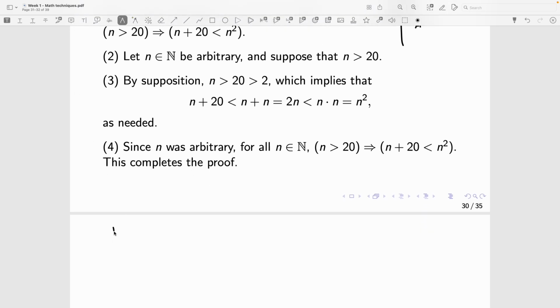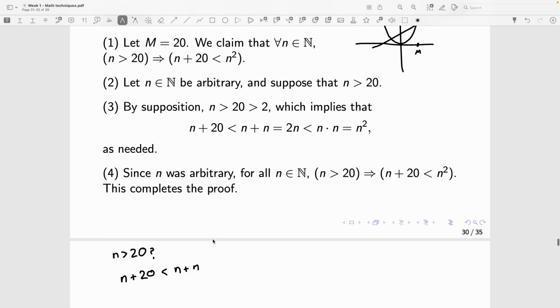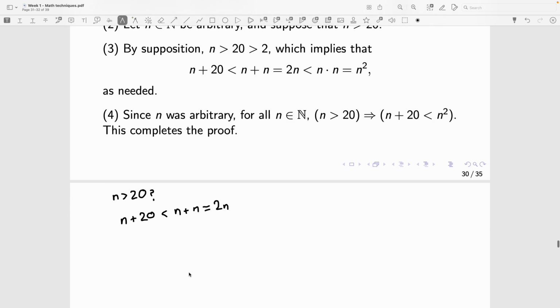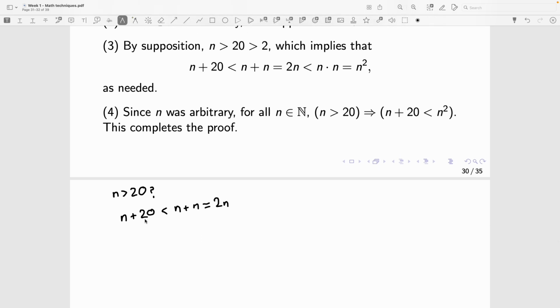because if you tried this out, so now we have a new inequality under our tentative assumption that n is greater than 20, which might be wrong.